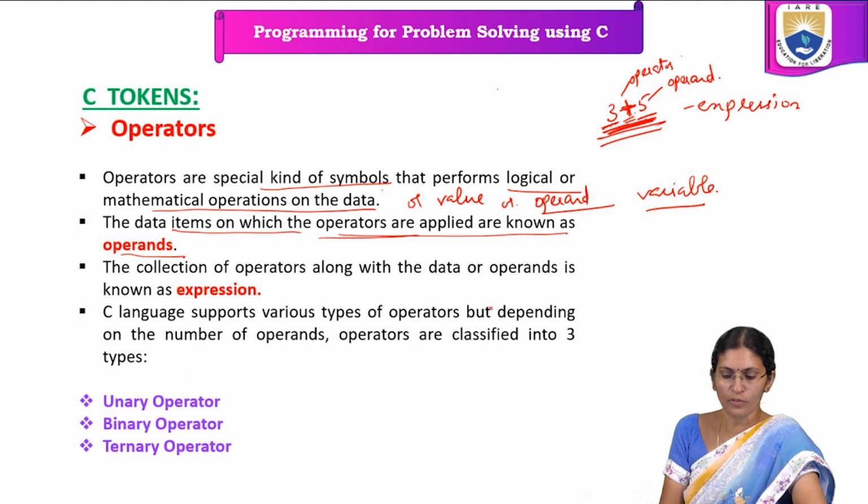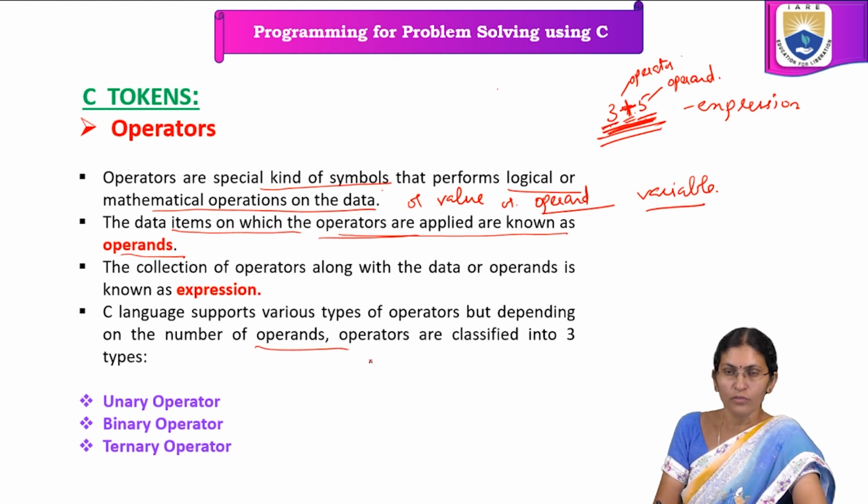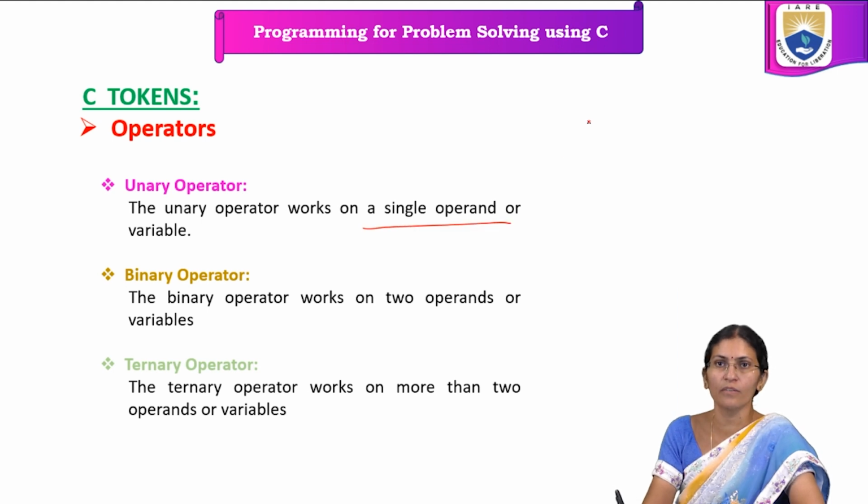C language supports various types of operators depending upon the number of operands. Depending on this, we have three types of operators: unary operator, binary operator and ternary operator. The unary operator works on a single operand or variable, for example a variable x.